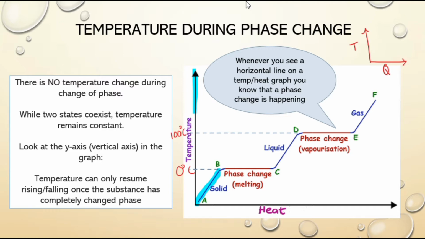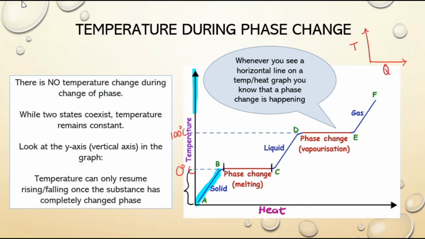But notice what's happening to the temperature. The temperature change from point A to B is here. But the temperature change from B to C, it's a flat line. It doesn't leave 0 degrees Celsius. So between B and C, there is no change in temperature.